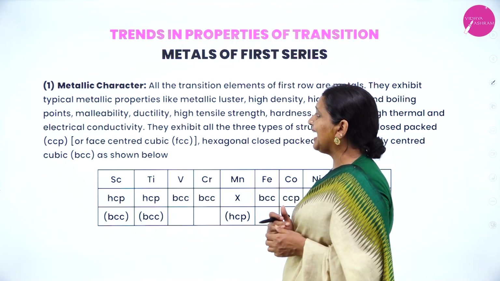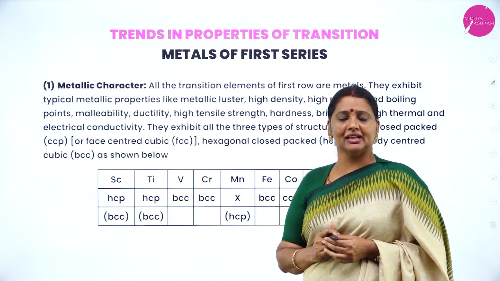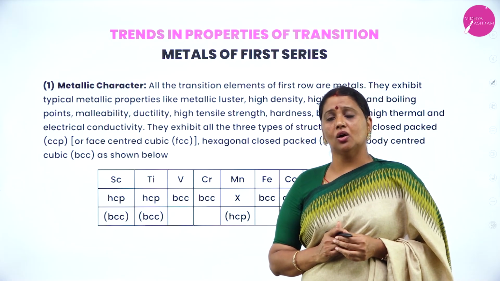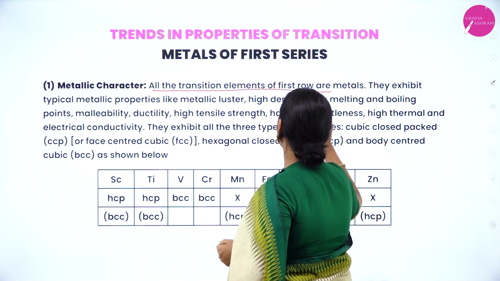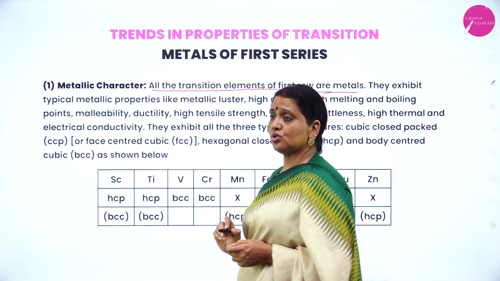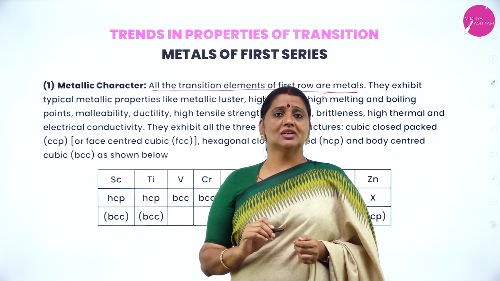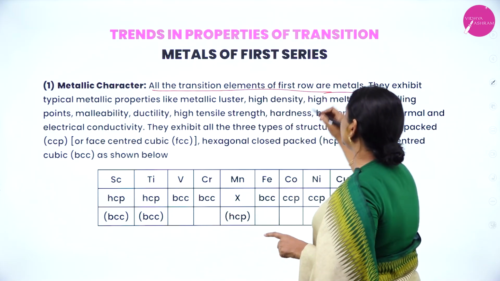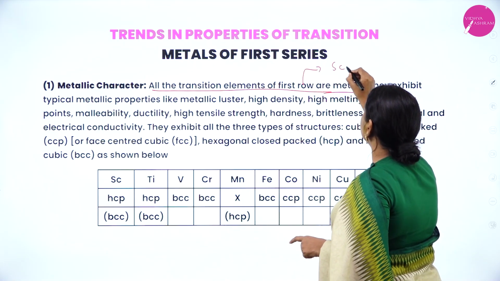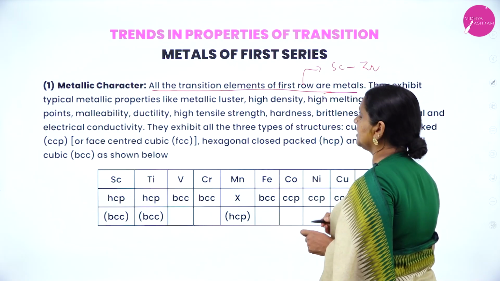Next, metallic character. All transition elements in the first row are metals. The first row is called the 3d series or first transition series. It starts from scandium and goes to zinc.